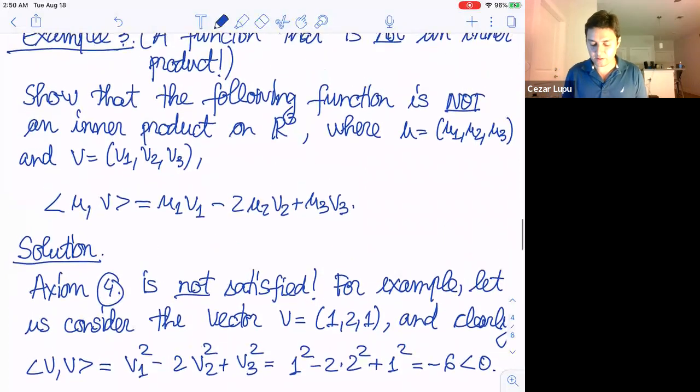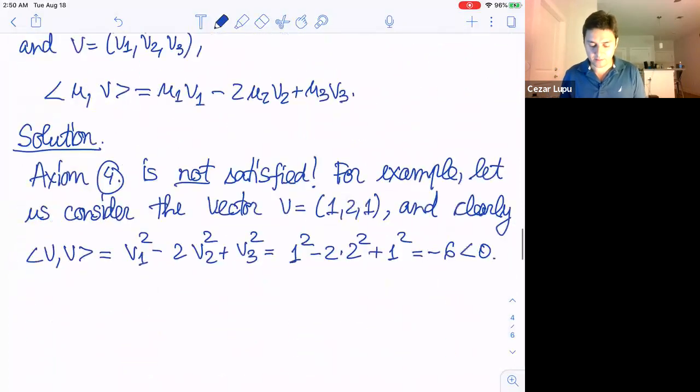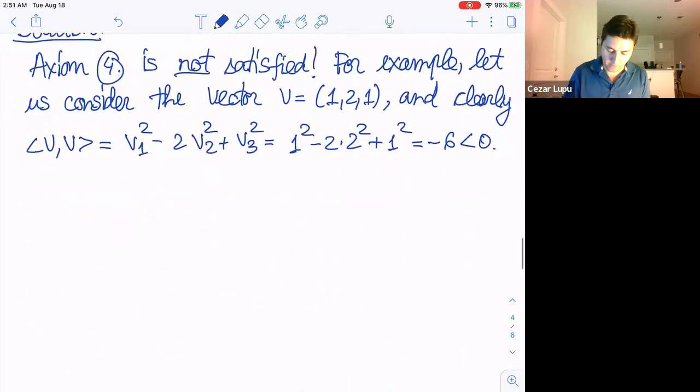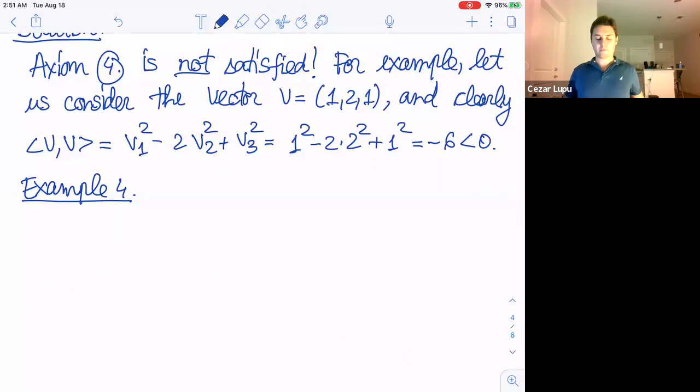This function does not satisfy all the axioms from the definition of an inner product. Now let's see another example, example number 4. We'll define an inner product on the space of 2 by 2 matrices, in the following way.